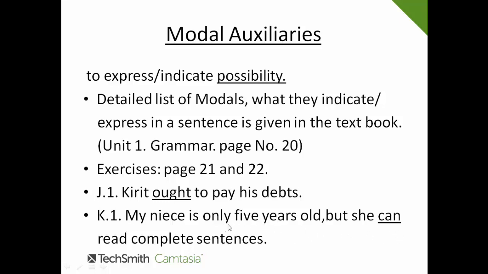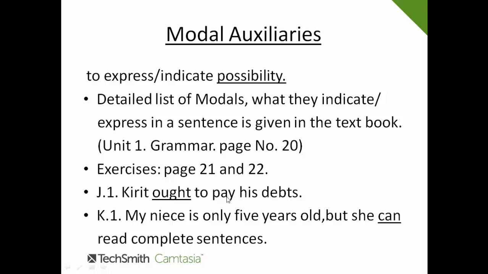My niece is only 5 years old, but she can read complete sentences. Here, the modal auxiliary can expresses ability, helping the main verb read. So these two exercises are solved for you, just as a pointer.